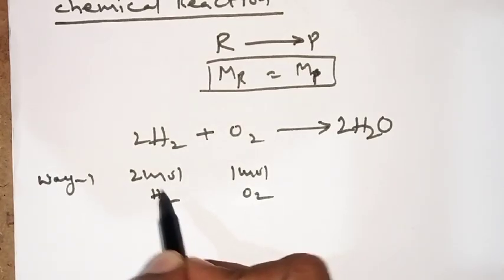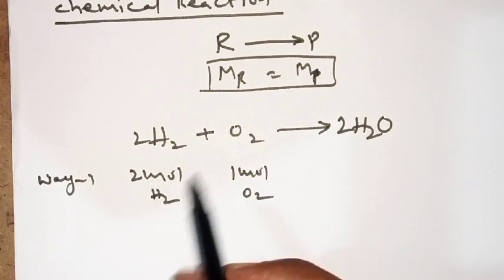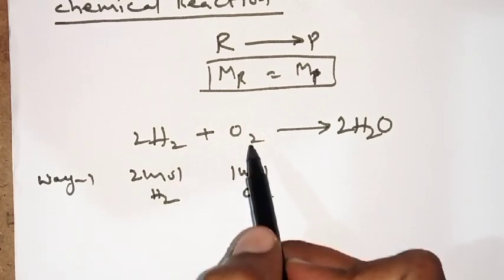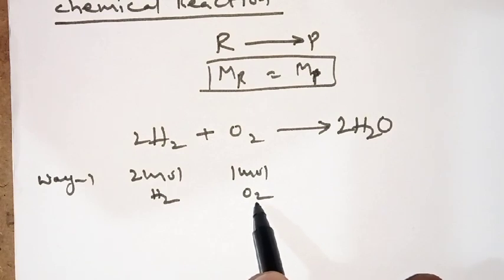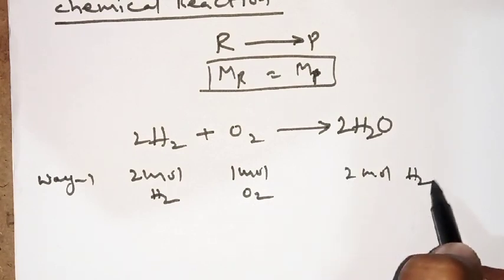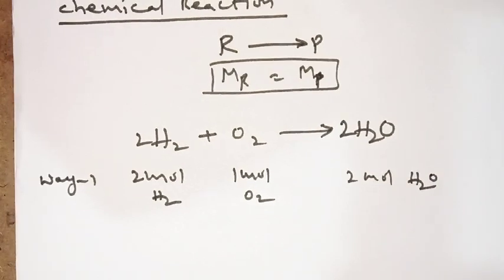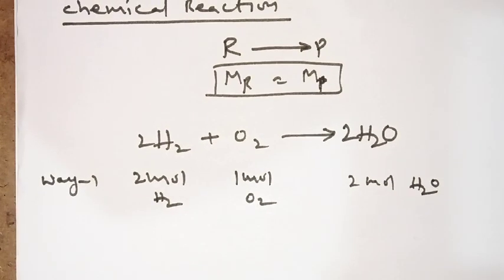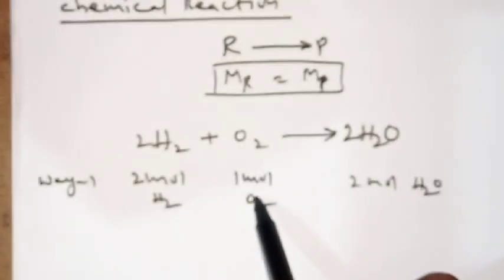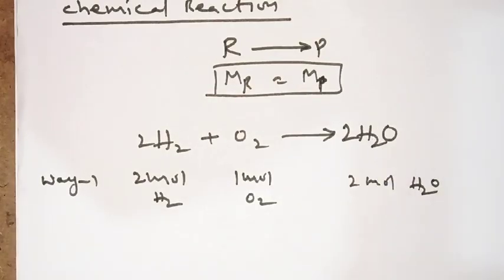That means molecules, because it is in the molecular state. 2 moles of hydrogen molecules react with 1 mole of oxygen molecule, giving 2 moles of water. This is the first way of explanation. Any chemical reaction we can express in terms of number of moles. Is it clear?